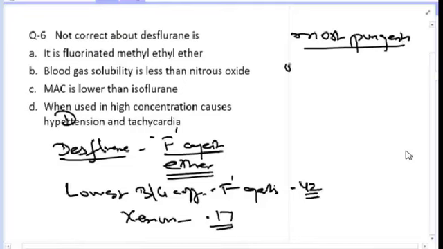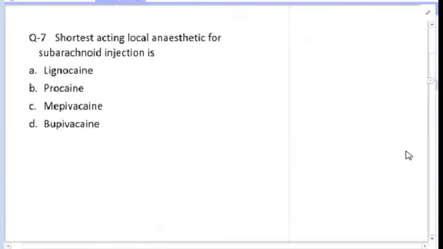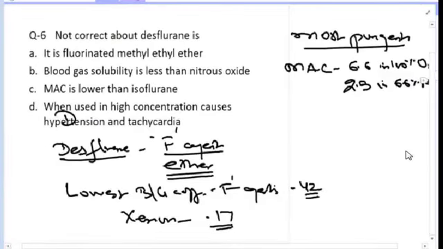It has a MAC of 6.6 in 100% oxygen and 2.3 in 66% nitrous oxide. Now, what does MAC denote?